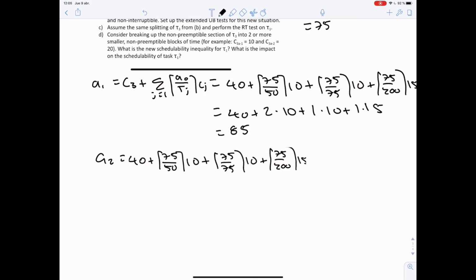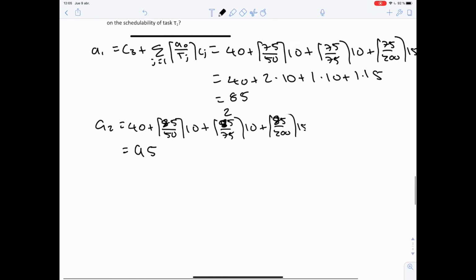So here we will have an 85 instead. And what this will yield us is a 95. Again, the thing that changed in this one was that we now have 85 over 75 rather than 75 over 75, so this is a 2 now. So that will be a 95.